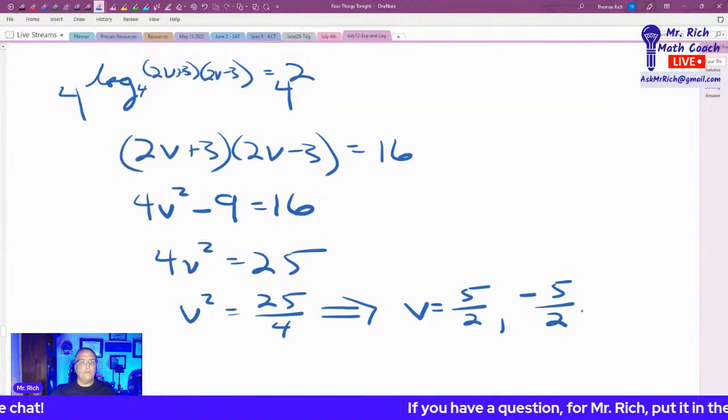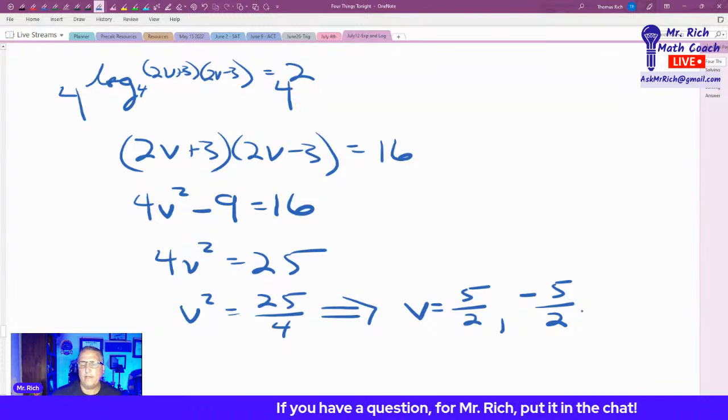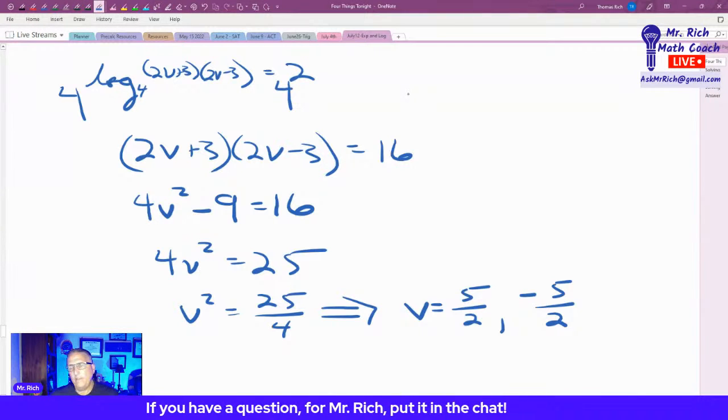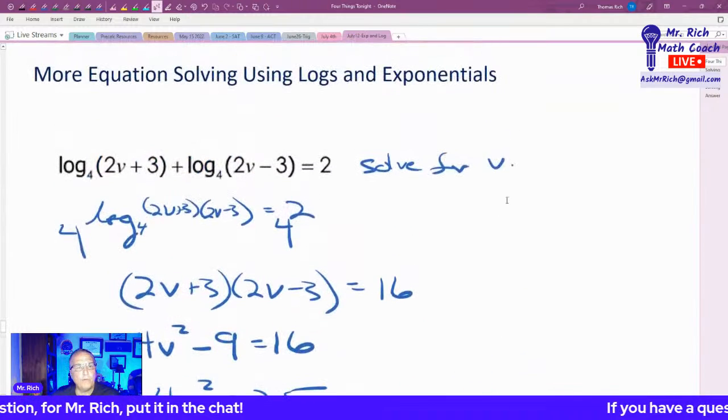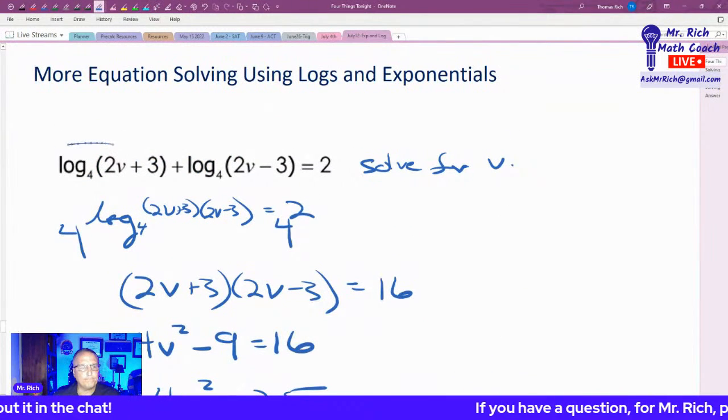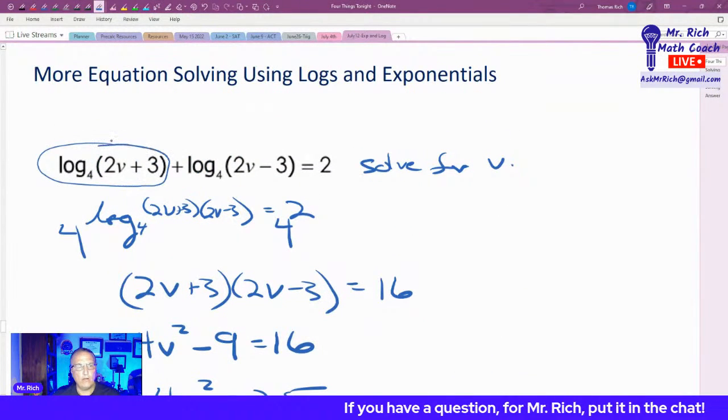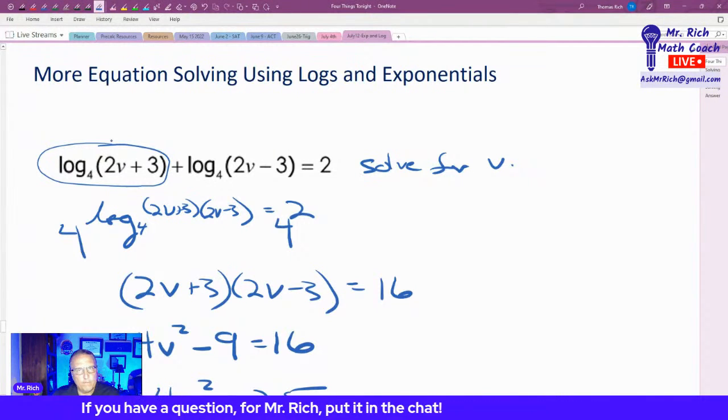Now, when we solve logarithm equations, we want to take our answers and be sure that they are actually solutions. Remember that logarithms only exist when your arguments are positive.